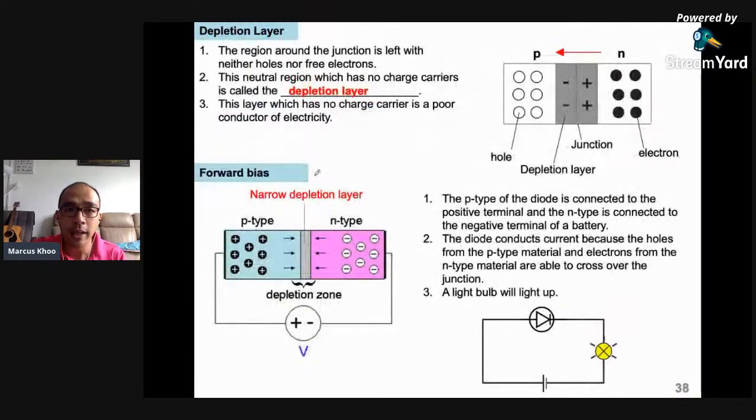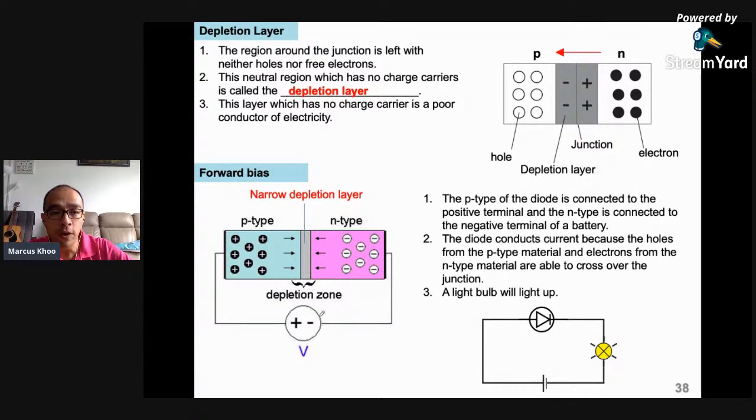Now, the forward and reverse bias basically serve the same function. Forward bias is to make sure that the depletion layer here is narrow. Because in its natural state, if you do not put any voltage over here, there is always going to be a depletion layer over here. Naturally.